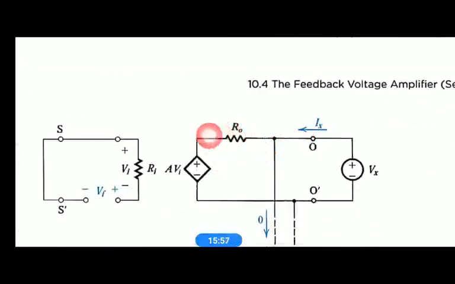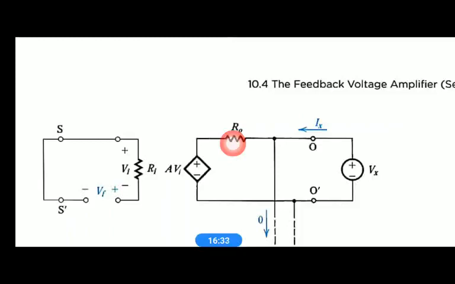The voltage across R0 is this voltage minus this voltage, following the current direction, which is Vx minus AVi, whereas the resistance across R0 is R0.